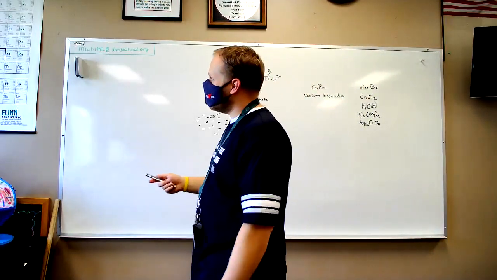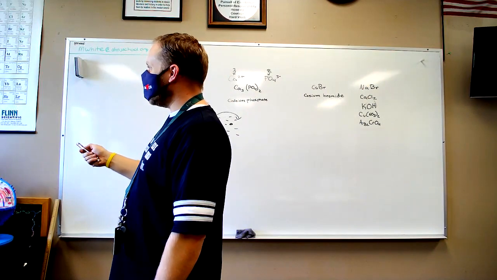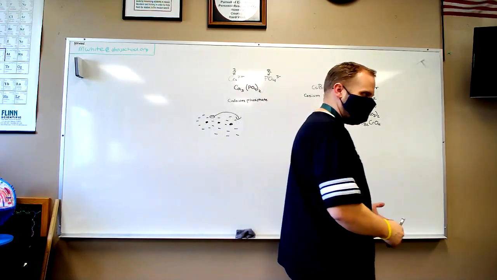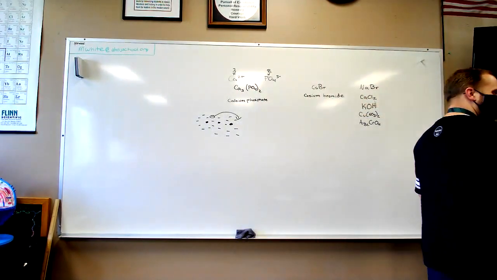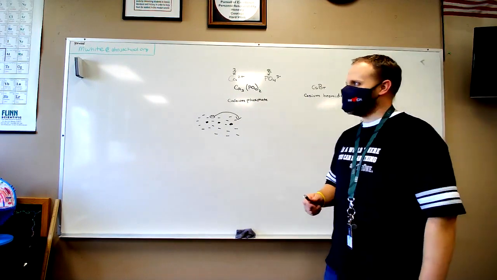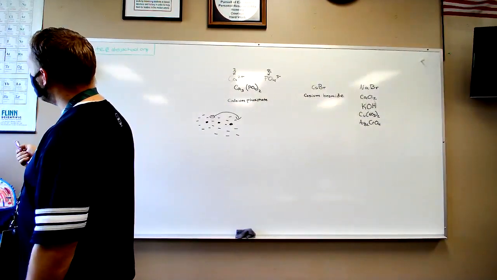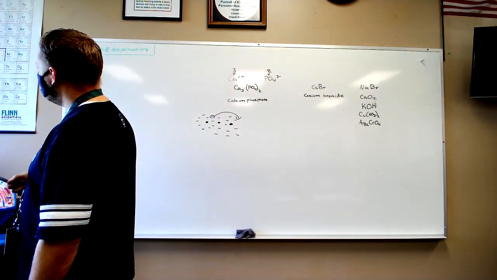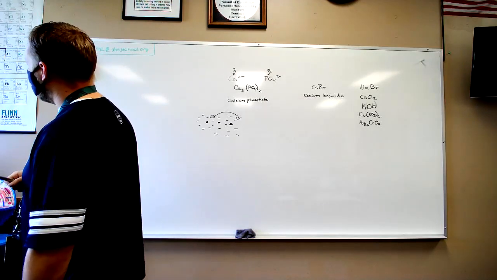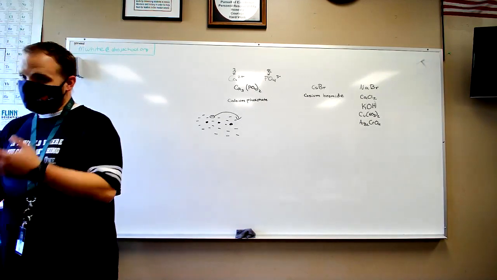We do have mercury right here, which is a liquid at room temperature. Mercury is a metal that is a liquid at room temperature. Its melting point is, well, this is listed in Kelvin. It's 234 Kelvin, okay?